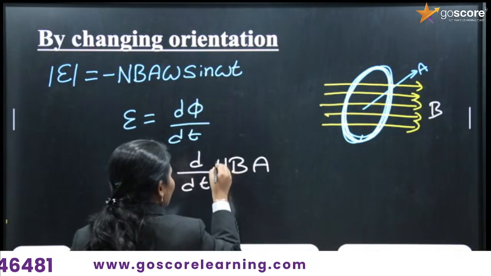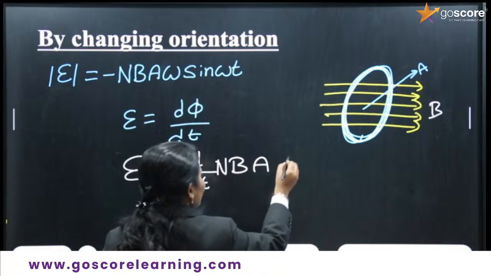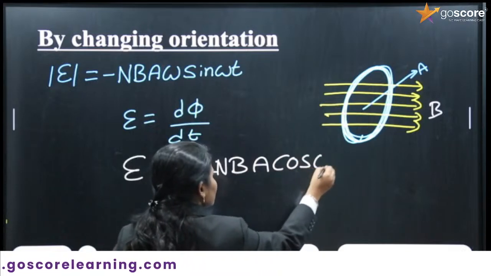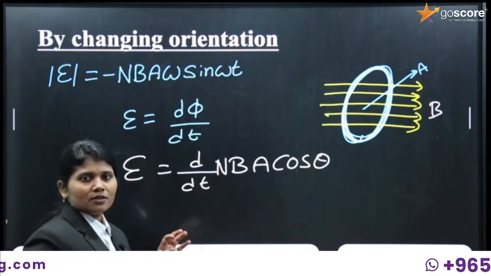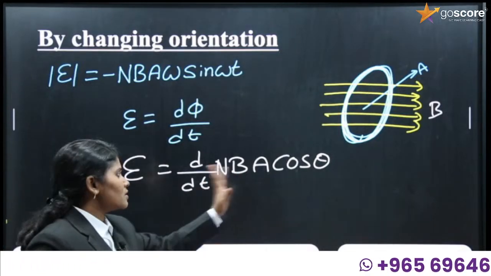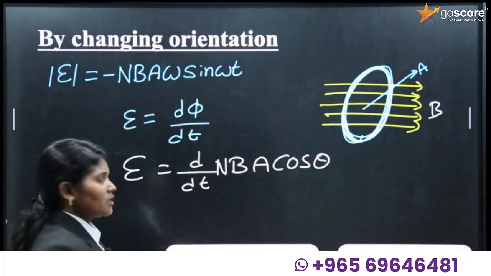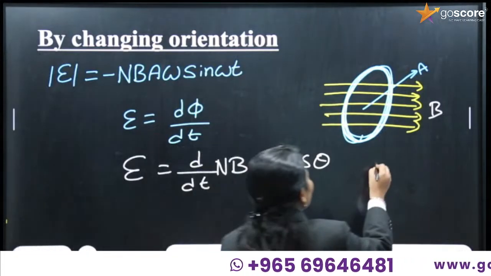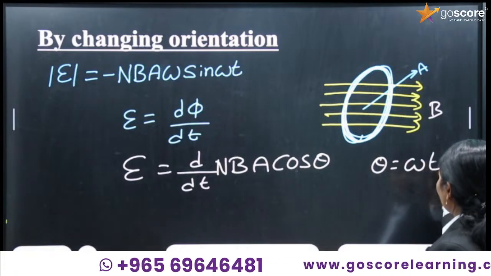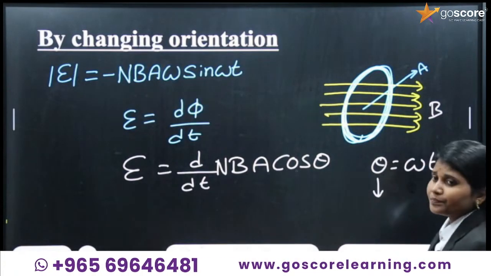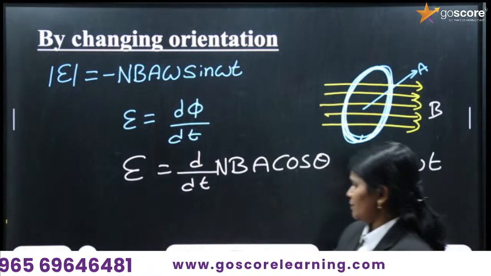Including the number of turns, it is NBA cos theta. Here number of turns is constant, magnetic field is constant, area will be constant. Here one more thing: theta is equal to omega t.